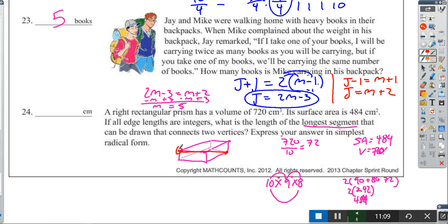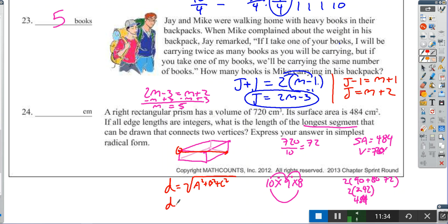There's an equation for the long diagonal. Now, I could do the Pythagorean theorem twice over. I could find this length here and then use the Pythagorean theorem. But I know that d squared is equal to a squared plus b squared plus c squared, which is kind of funny.